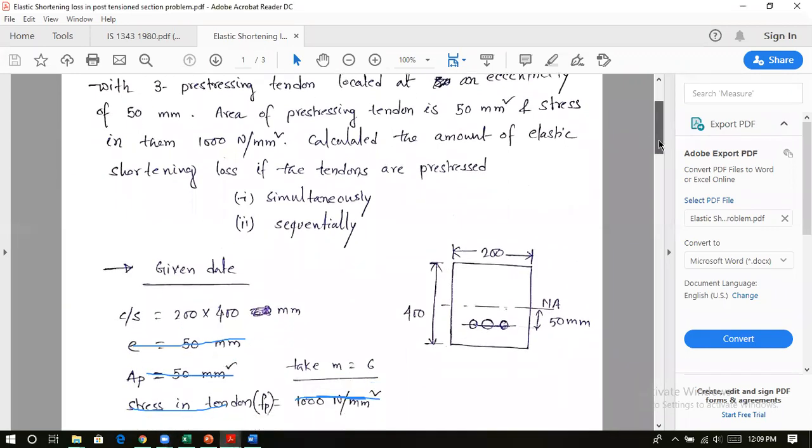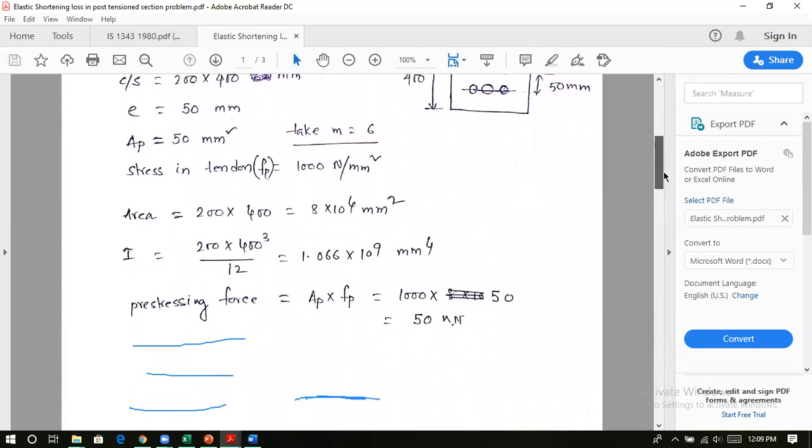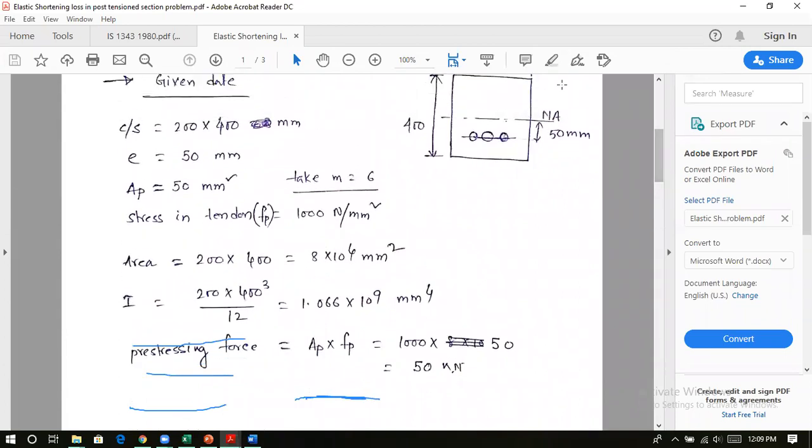Now let us calculate the basic values. The area of the cross section we can easily calculate, that is 200 into 400, 8 into 10 to the power 4 mm square.